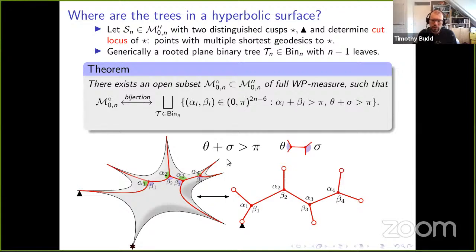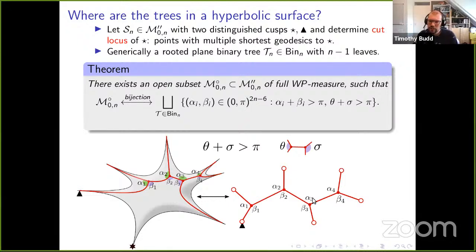So if we remove all those singular configurations, we're left with an open subset of the moduli space of full Weil-Petersson measure. This open subset is really in bijection with a disjoint union, where the union is over all kinds of combinatorial classes of binary trees, together with a specification of the angles that the tree can have.